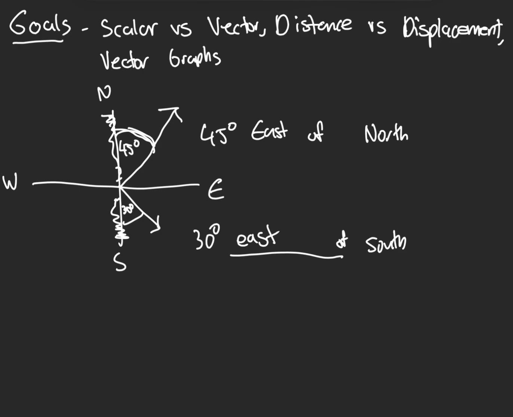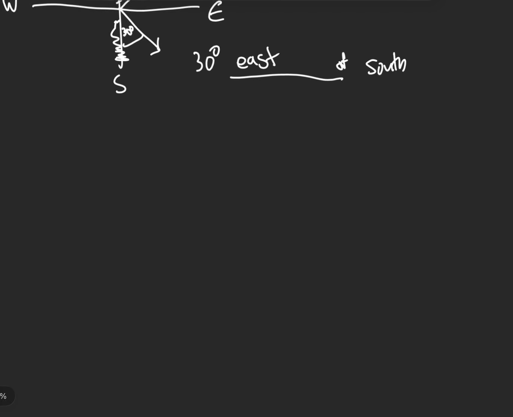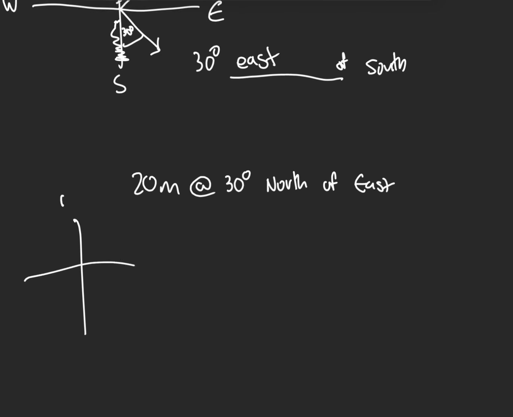So now we're going to actually move on to graphing. So let's just say that we want 20 meters at 30 degrees north of east. Okay, we have a graph here: north, west, east, south.